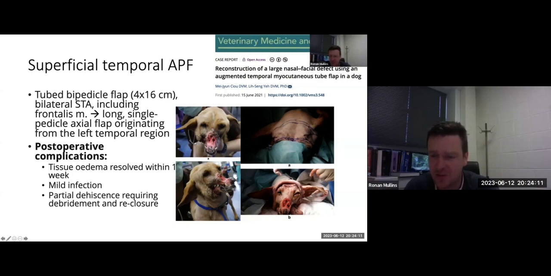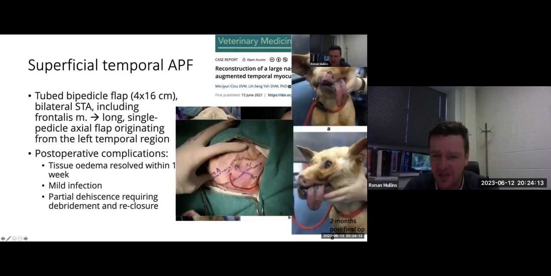So this surgery was performed in 3 steps. The first part involved the creation of that tube. The second part of the surgery was again coming back to this delay phenomenon or ischemic preconditioning. So they basically cut at the, so this would be on the right side of the animal. The definitive flap was based on the left side. So after a number of weeks, they came back and severed half of the tube on this side, which is the right side of the pet, and then just resutured it.